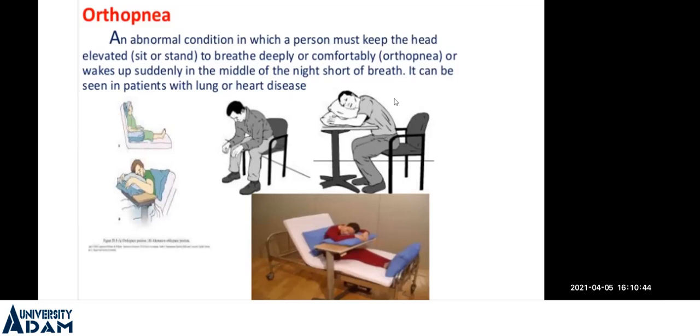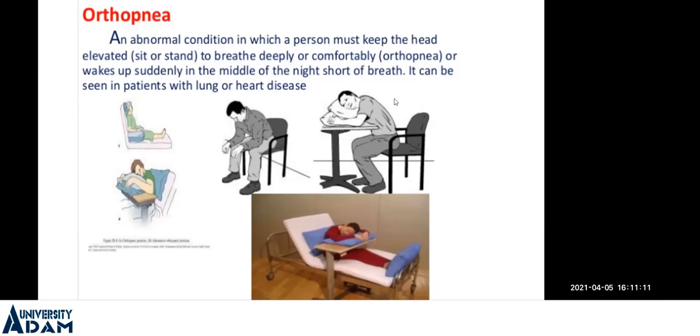Abnormal condition in which a person must keep the head elevated, sit or stand to breathe deeply or comfortably, or wakes up suddenly in the middle of the night short of breath. It can be seen in patients with lung or heart disease. Okay.